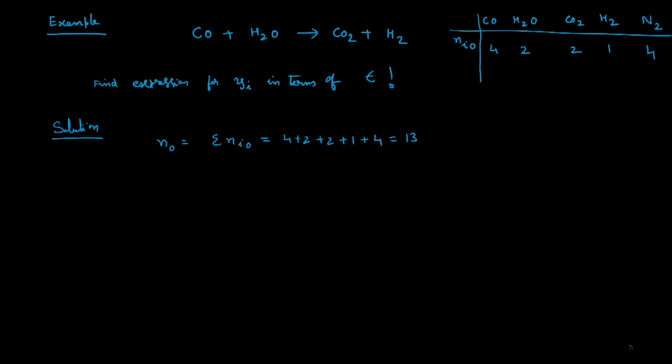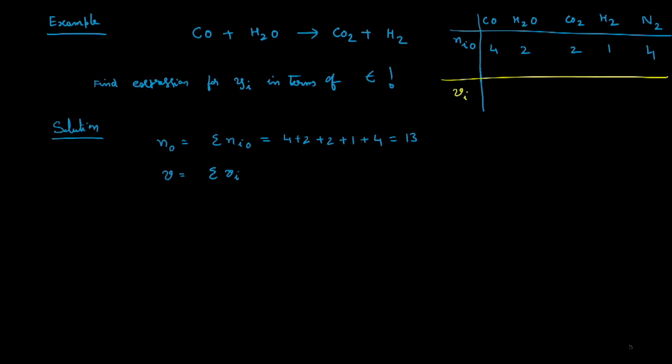Now, we also want to find the overall stoichiometric number, which is nu, defined as sigma of nu I, right? Just for the sake of easiness, I'm going to write nu I. This thing in yellow is something I'm writing for our understanding; it's not given in the problem statement.